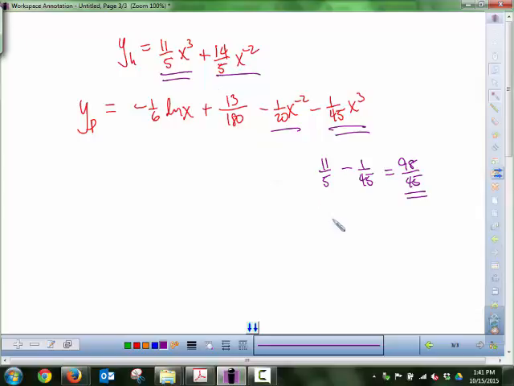The coefficient for the x, we got 14 over 5 minus 1 over 20. So common denominator is 20, 4 and 14, 40, 56, minus 1, 55, 55 over 20. 11 over 4.